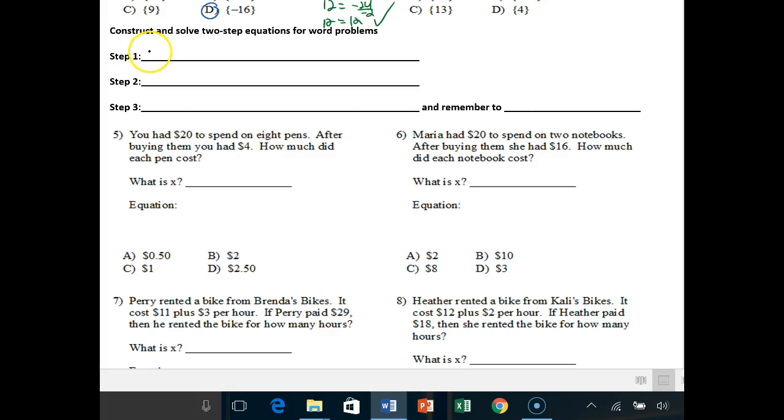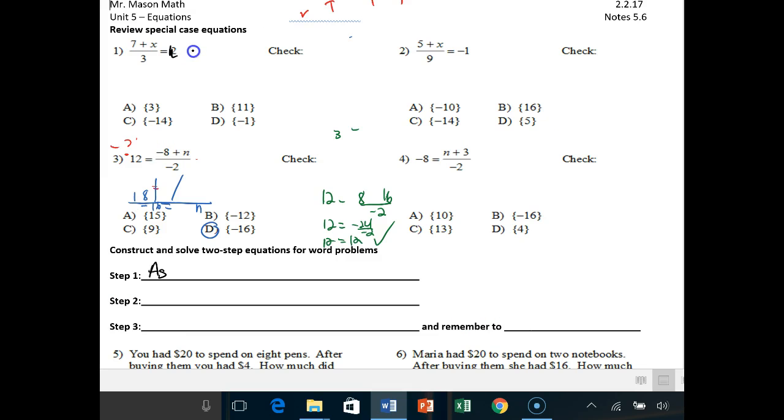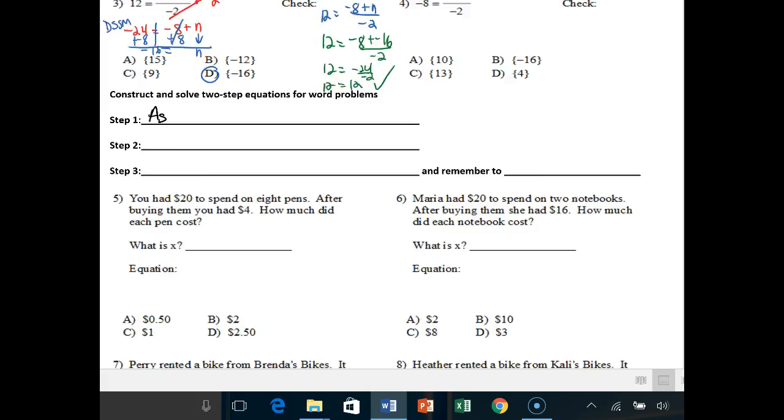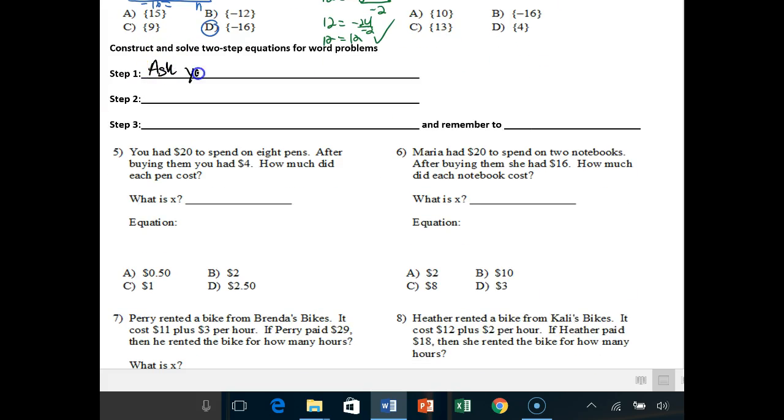So step 1 is ask yourself, what is the variable? The entire time I have this question down here, what is x? You're actually physically going to write down and tell me what x stands for.